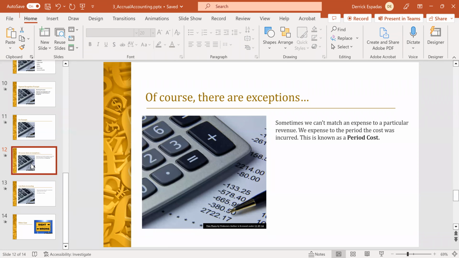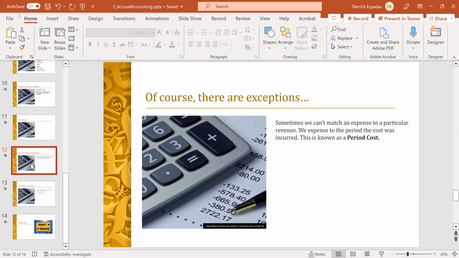Now, of course, there are exemptions. And one of these exemptions is, we want to match things up with each other, right? But what if we have something we can't match up? So like, let's say I did a commercial and people bought stuff because of the commercial. I can't really say that a particular commercial is the reason that someone bought something.